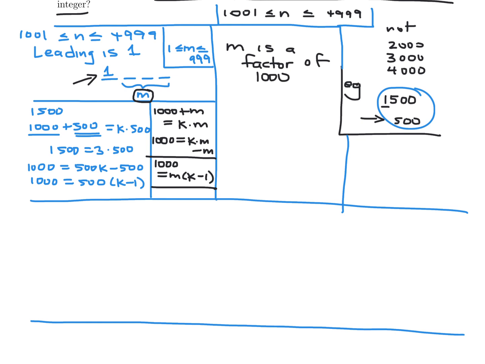There's a quick way of figuring out how many factors a number has. You first break it up into its prime factors. So in this case it's 2 to the power 3 times 5 to the power 3. And the number of factors is done really quickly. You take this number, which is 3, add 1. Take this number, add 1, and you multiply them. So this would be 4 times 4. So there's 16 factors.